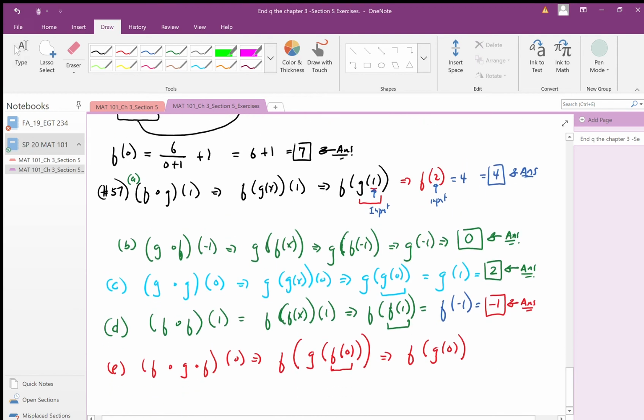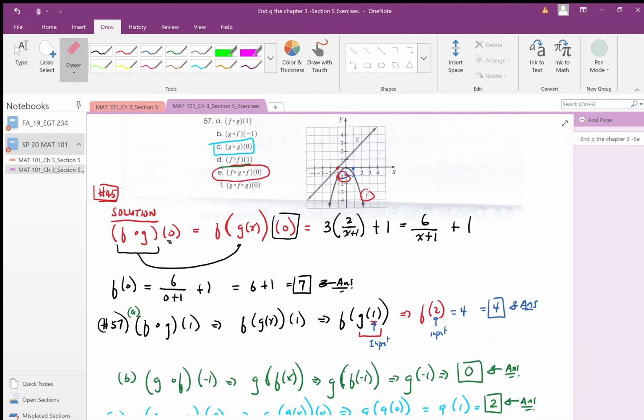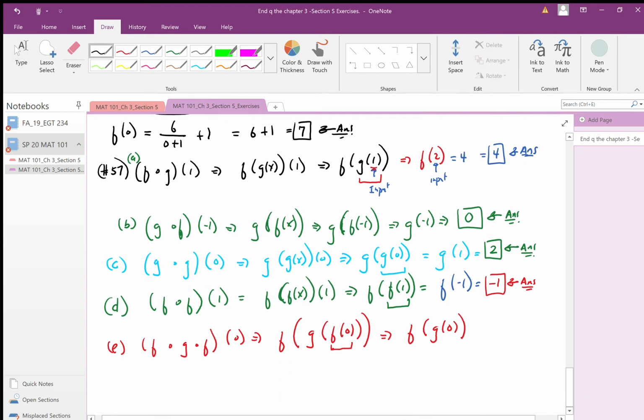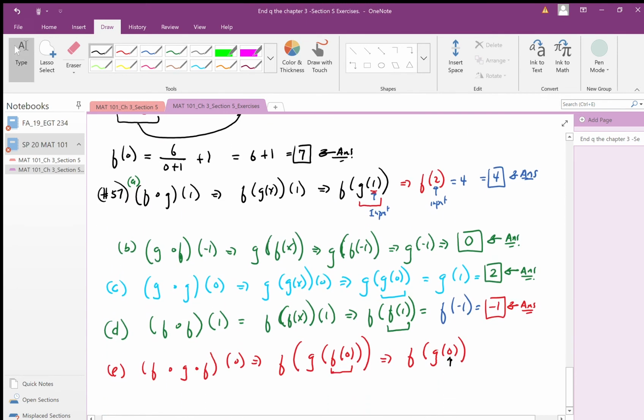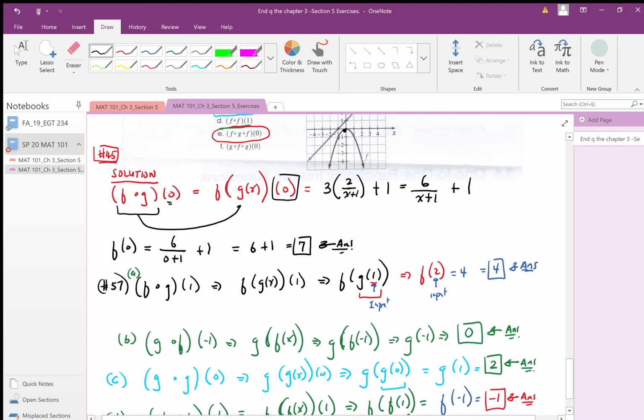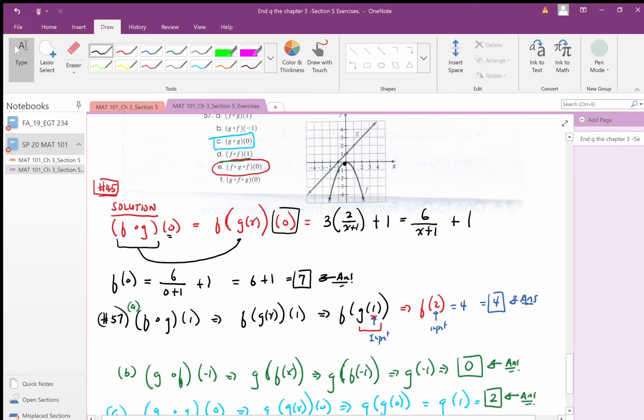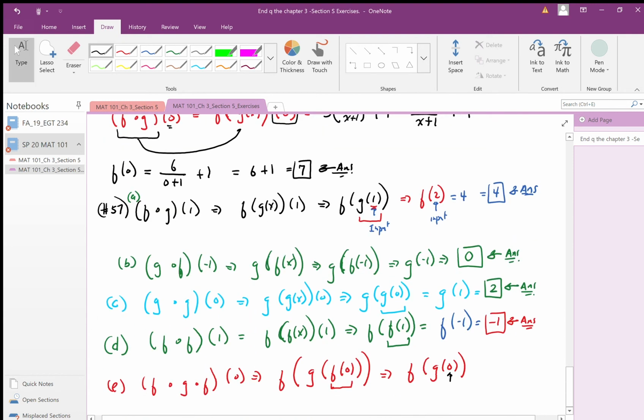When you look at your graph, f of 0, I'm at 0 here, right? And the y component is going to be 0, okay? So that's how you get the 0 here. Now you want to ask yourself, what is going to be that g of 0? Typically at my g graph at 0, you're going to get another 0, right?